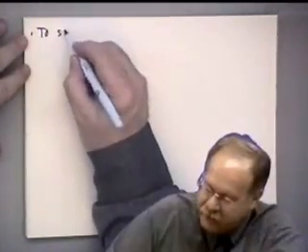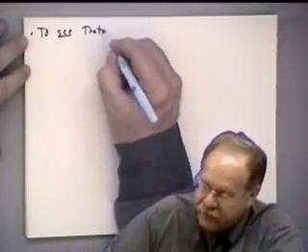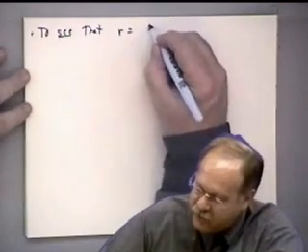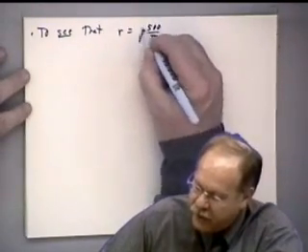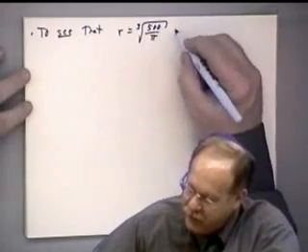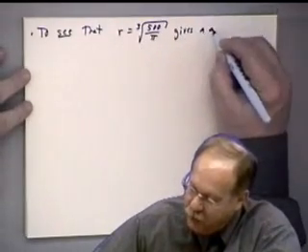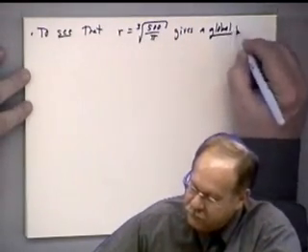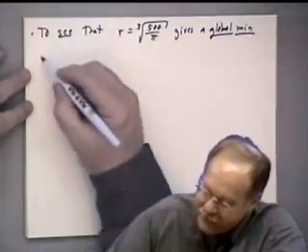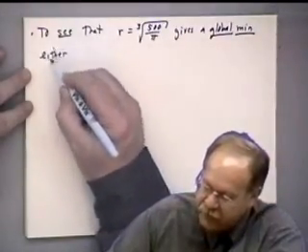So to see that our r value, which is 500 over pi cube root, actually gives a global minimum as we desire it to, you can do one of two things here.